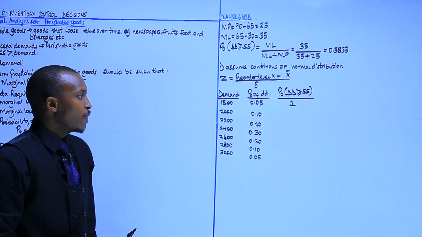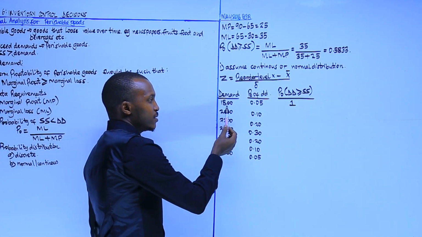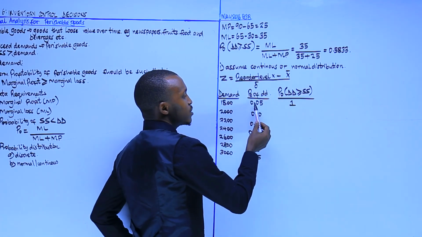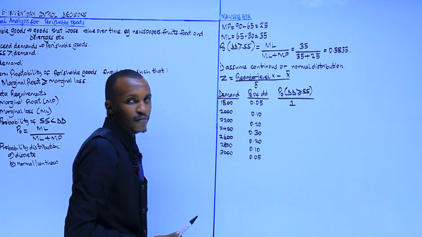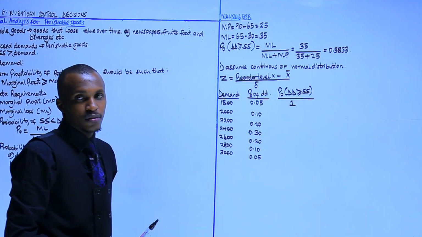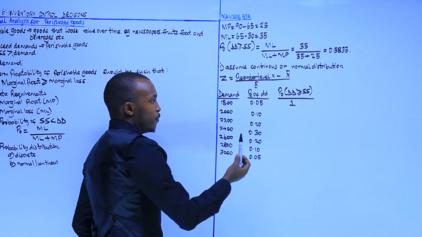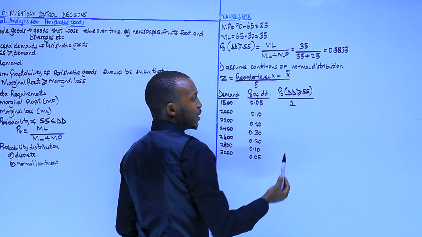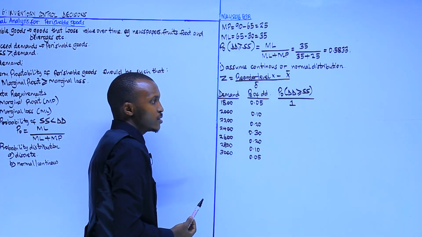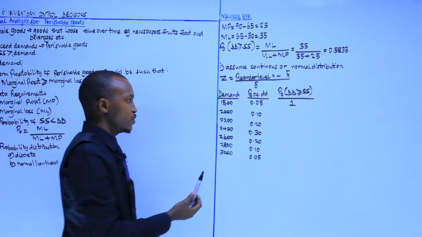So therefore, the probability that demand is greater than a supply of 1800 is, not 0.05, but 1. Now, the probability of your demand being greater than a supply of 2000, what will you do?